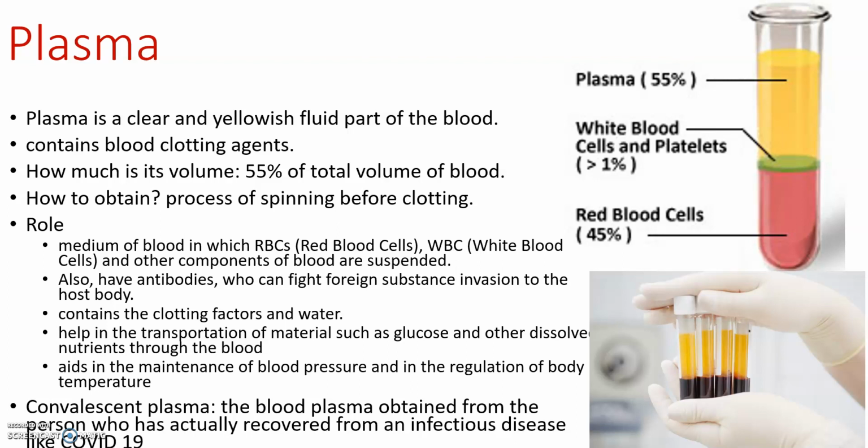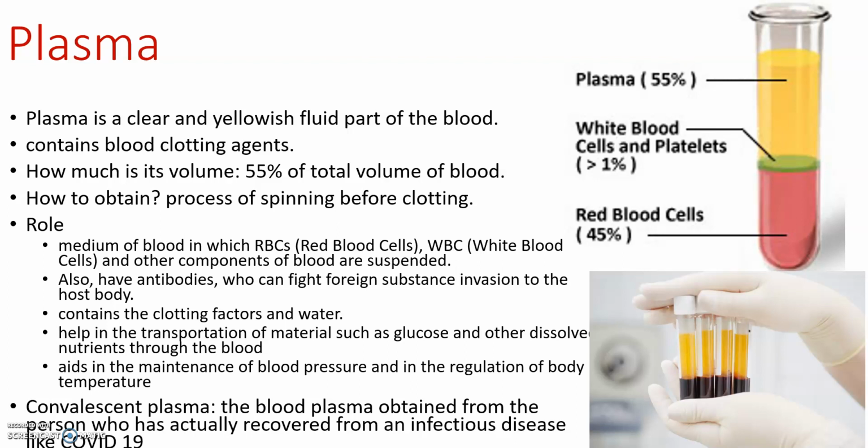Also, it has antibodies. Their role is to fight against foreign substances if they invade the host body. It also contains clotting factors and water. It helps in transportation of materials such as glucose and other dissolved ingredients which act as nutrients through the blood. Moreover, it helps in the maintenance of BP, that is blood pressure, and it also regulates the body temperature.